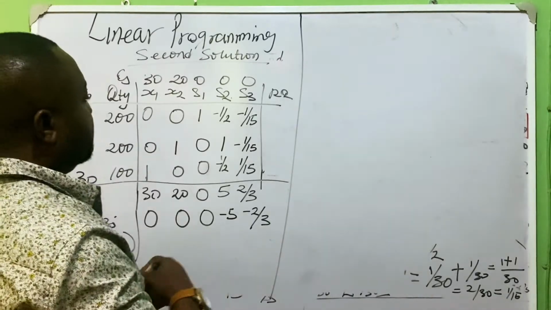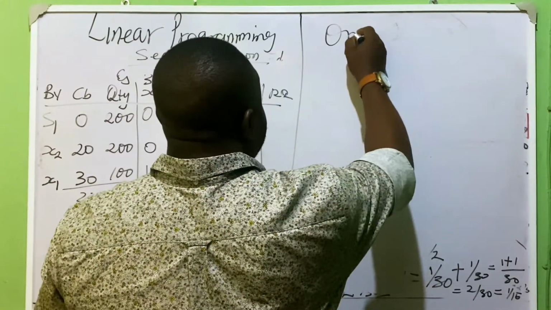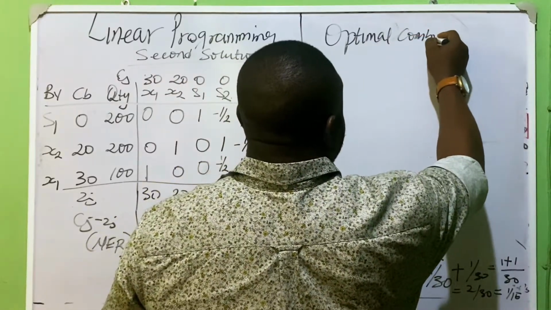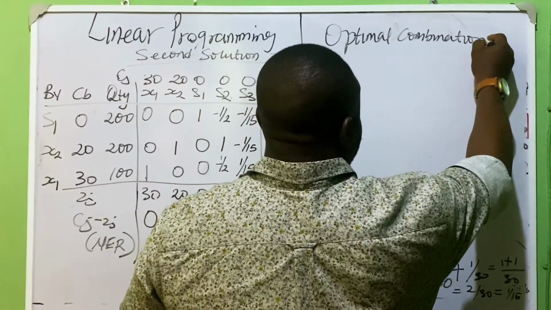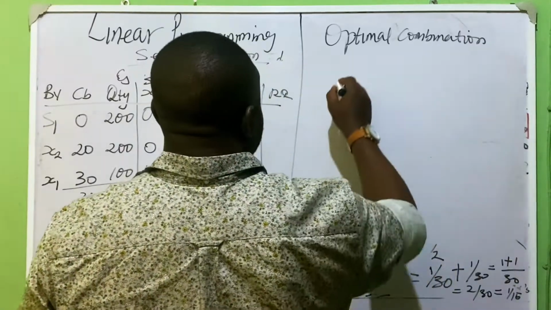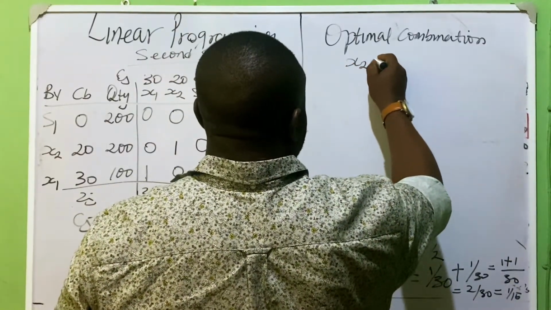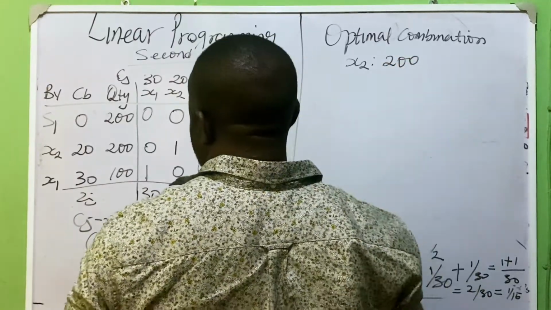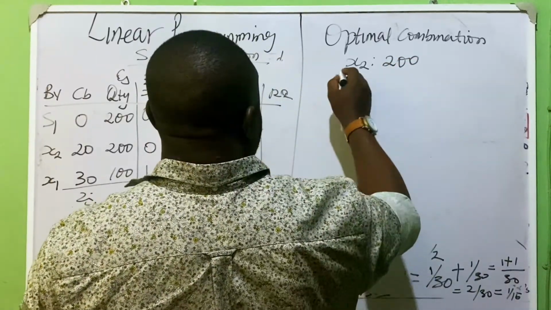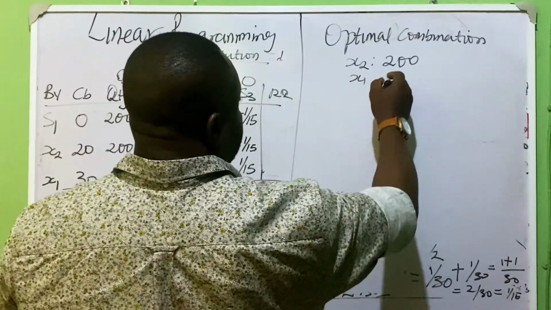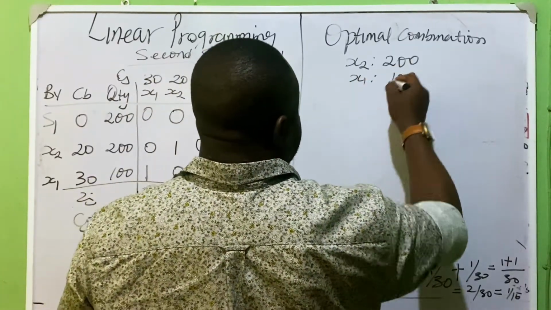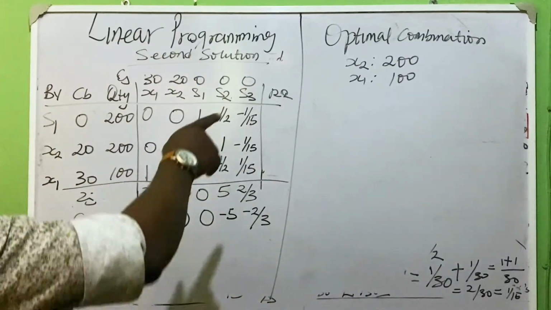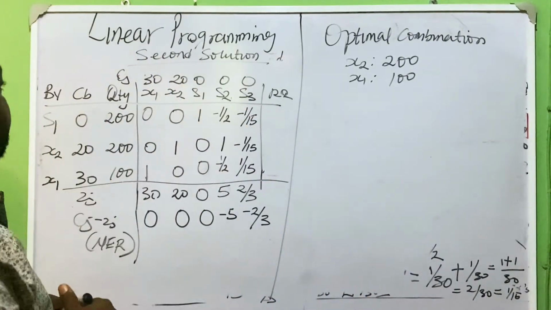So the optimal combination will be X2 200, X1 100. And our maximum profit, the optimal profit, will be to substitute these values into the objective function.